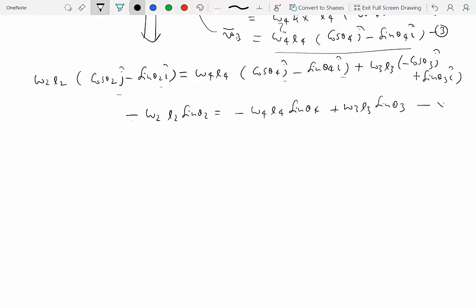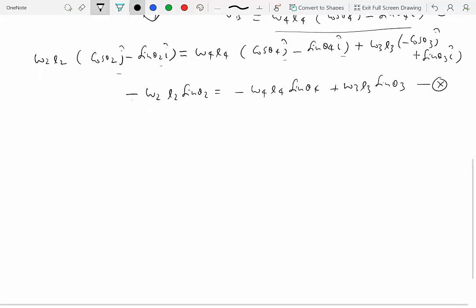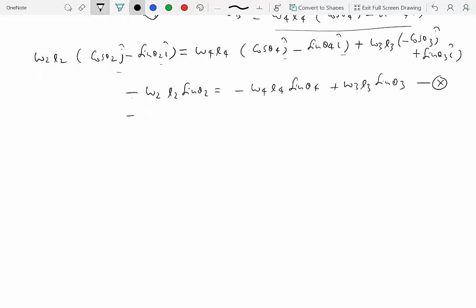That's, let's say, equation X. And then for the Y component, j hat coefficients, we have plus omega 2 L2 cosine theta 2 equal to omega 4 L4 cosine theta 4 minus omega 3 L3 cosine theta 3, and that's equation Y.